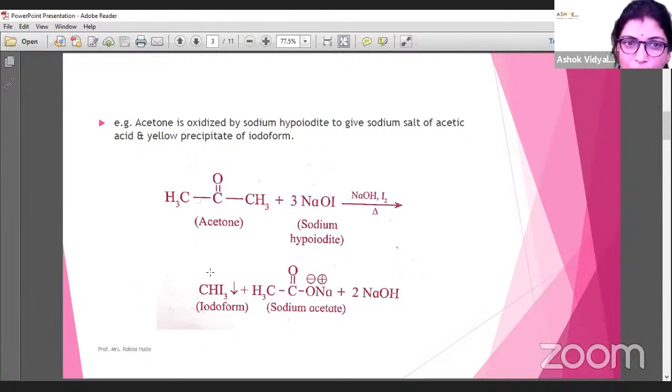And the yellow precipitate of iodoform, CHI3, is formed, and NaOH is a byproduct. Students, haloform means iodoform, so it is named the haloform reaction, and the reagent used is NaOI, sodium hypoiodide. Okay. Now we'll move to the next slide.